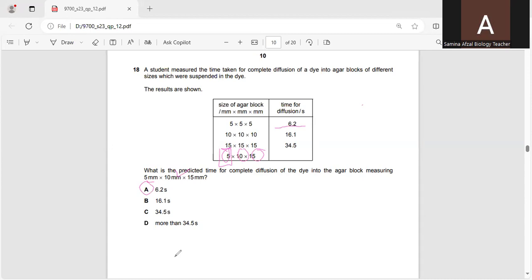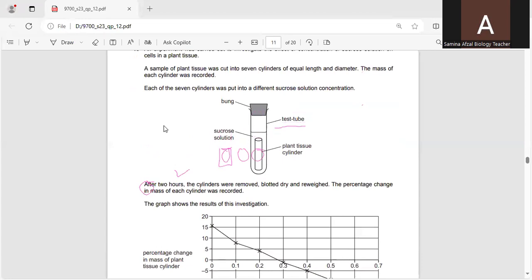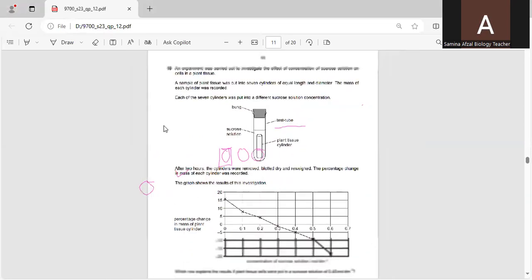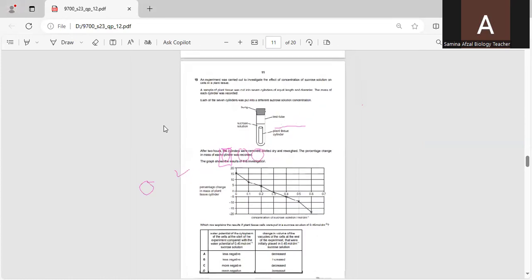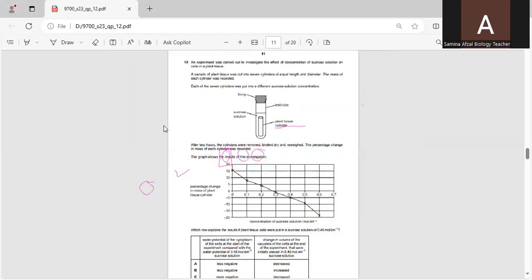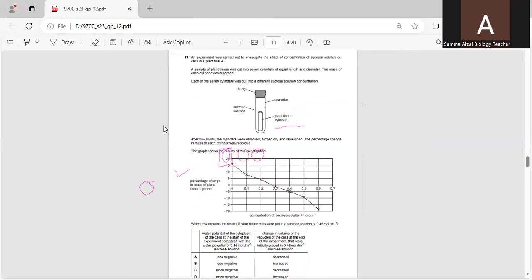Question number 19. Here you can see question number 19, a very long description. An experiment was carried out to investigate the effect of concentration of sucrose solution on cells in a plant tissue.